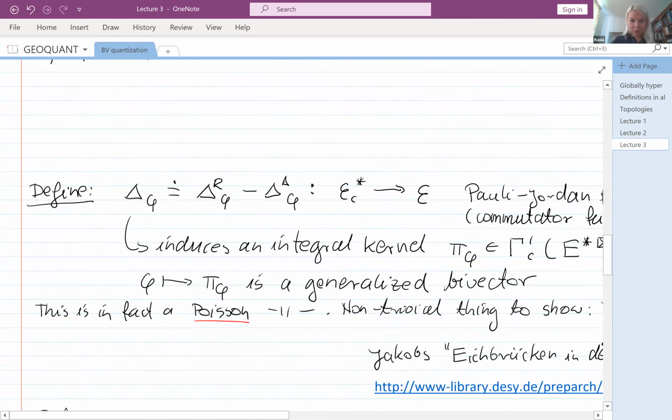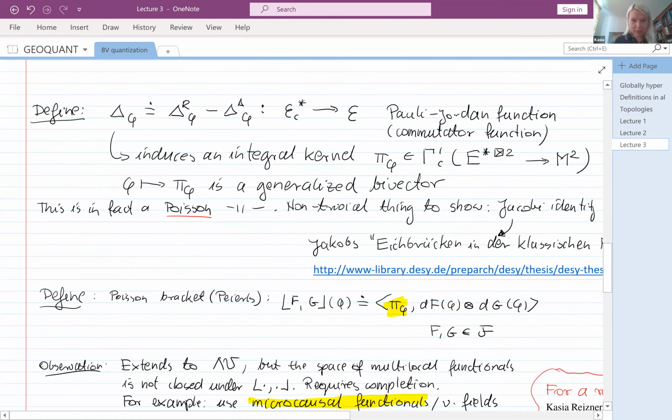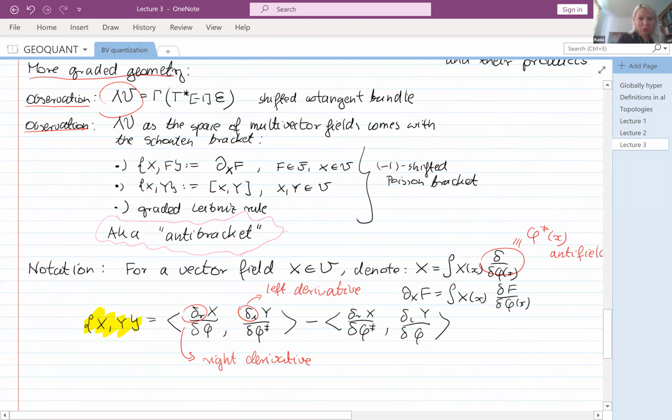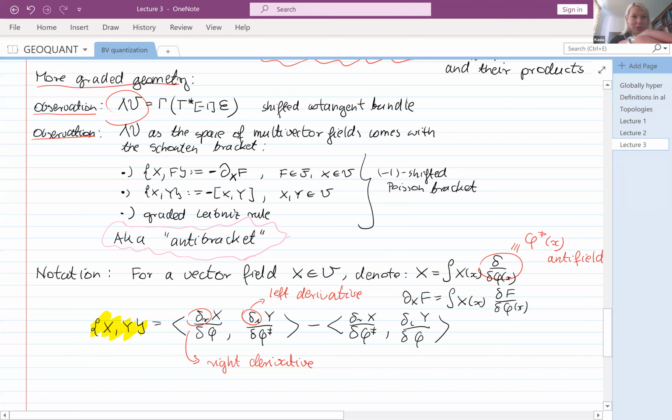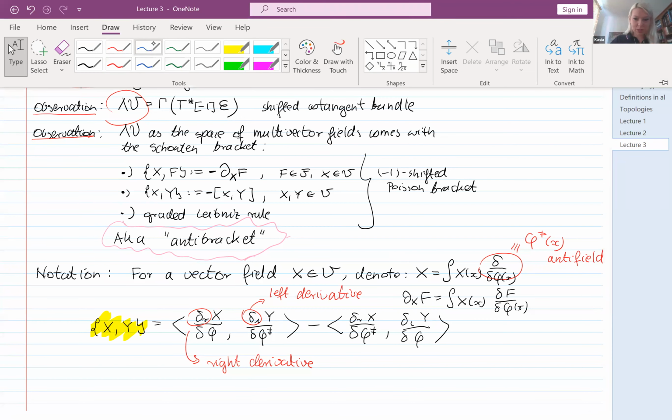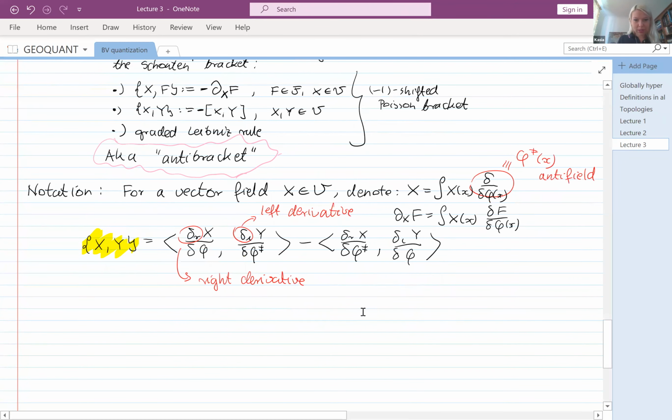And maybe here we get another sign. Okay, so the reason for that sign is that, well, my first attempt was good. So here we have minus, and here we have minus. Just to check whether this is consistent: I gave you the general formula for the anti-bracket, with this notation where I write the derivative with respect to the field as a formal generator on the fiber, and I write it on the right.